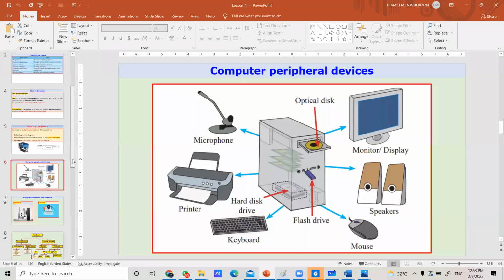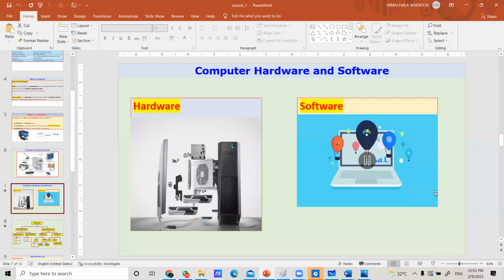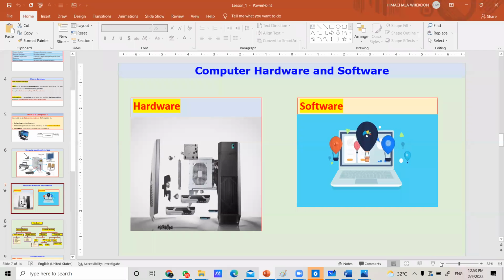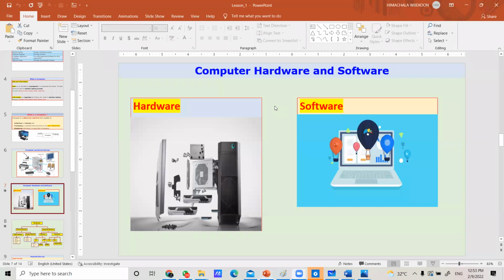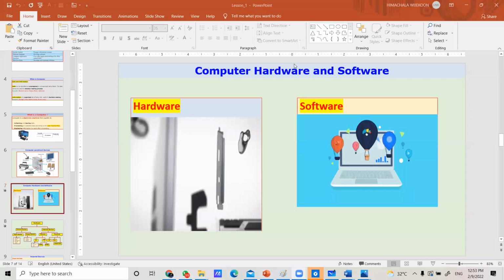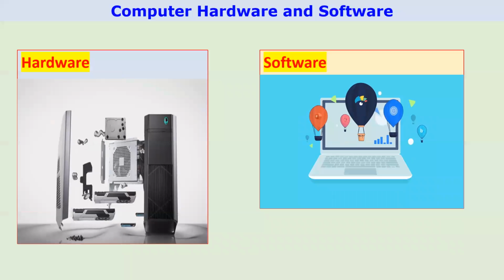Right, we are discussing the computer here. Another two terms very important: computer hardware and software. Right, by looking at the diagram here, can someone tell me what's the difference between software and hardware?